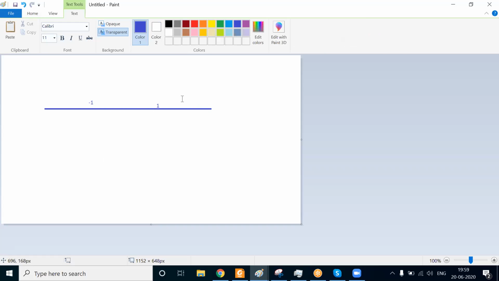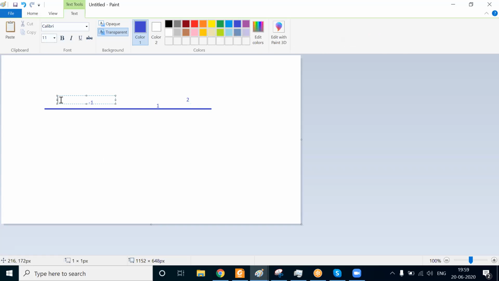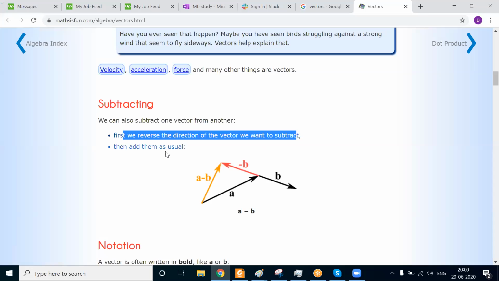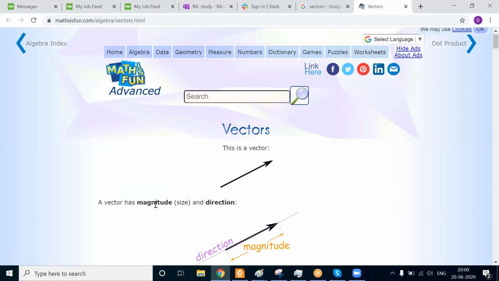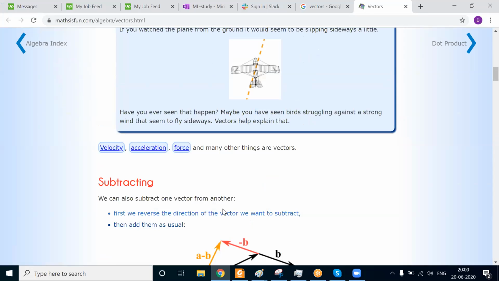If I say +2 here, it will be -2 here in terms of numbers. But instead of a number line, I'm representing my vectors with respect to magnitude and direction. So it is not integer numbers. I'm representing a vector with direction and magnitude in a way that I can form the vectors.